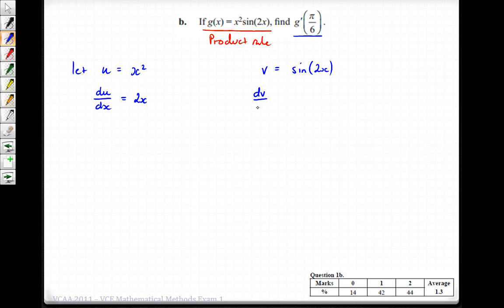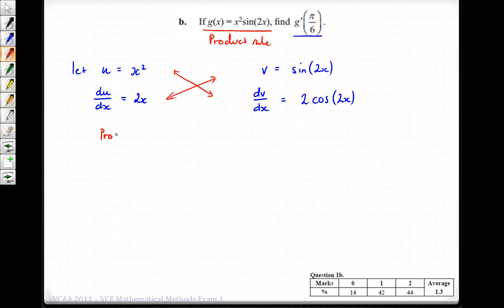And dv/dx is going to be, if you look in the formula sheet, we should find that the derivative of sine of ax goes to a cos of ax. So in this case, we get 2 cos 2x as our derivative. So then all we need to do is multiply across this way and add them together for the product rule.